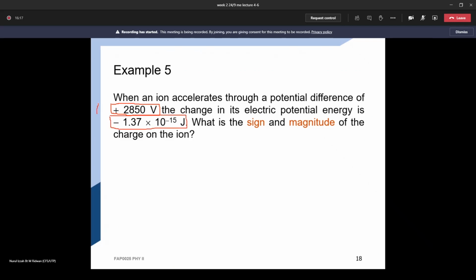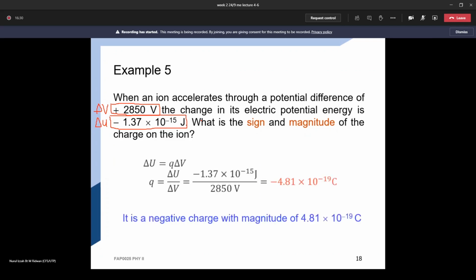Since you are given delta V and also delta U, the only equation that relates energy and potential is U equals QV. Using this formula, rearrange to get Q as the subject, and after you calculate, you will see that you are left with a negative sign in the answer.